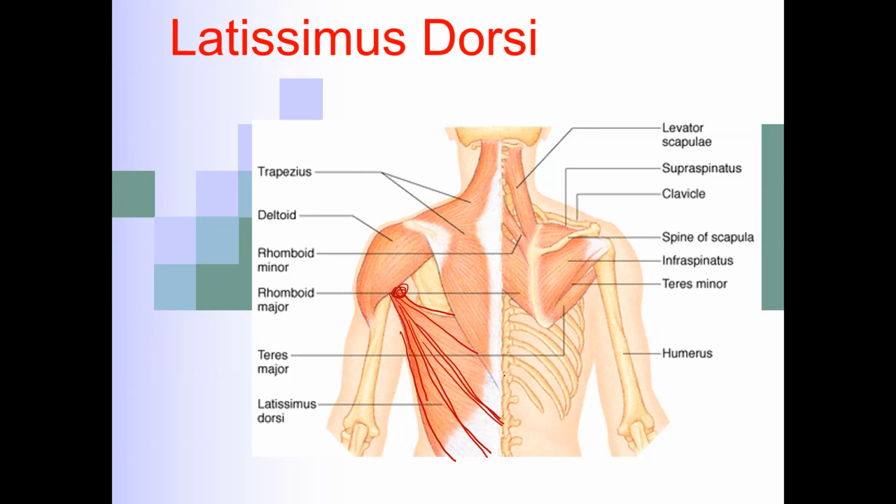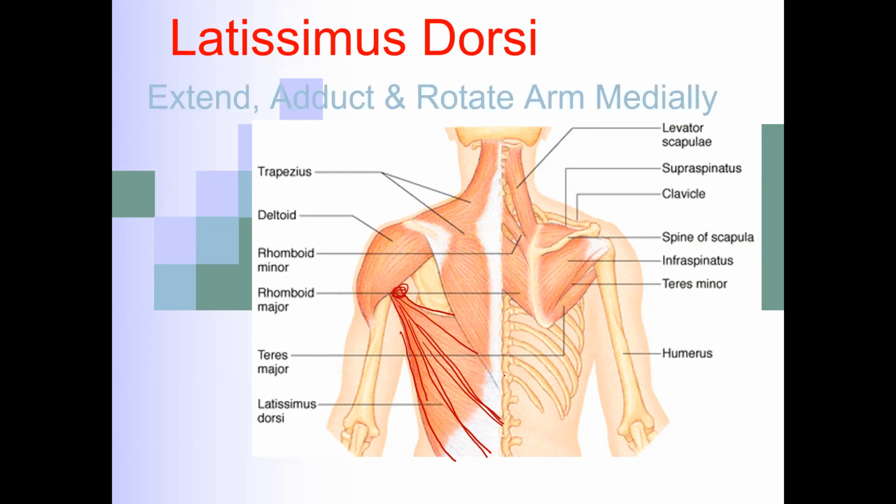So what movement does this cause? Remember, the insertion is in the shoulder, right? It extends, adducts, and rotates the arm medially. So remember, if you extend the arm, you know what direction you're moving it in, right? Adduct, you're moving the arm closer to the side of the body.